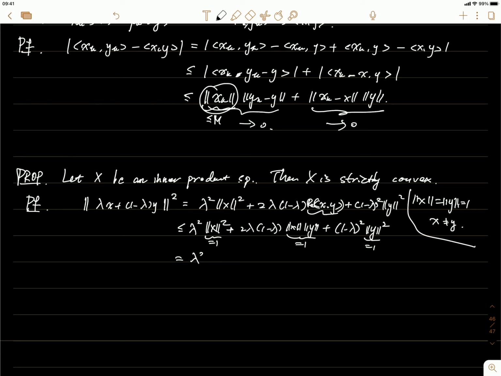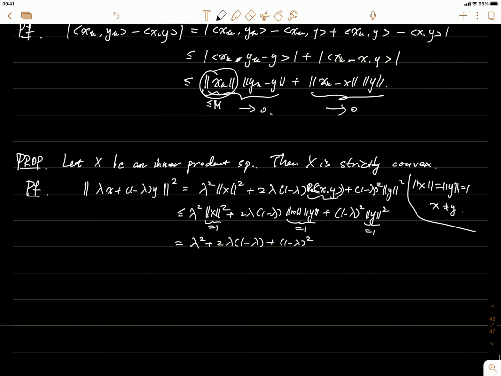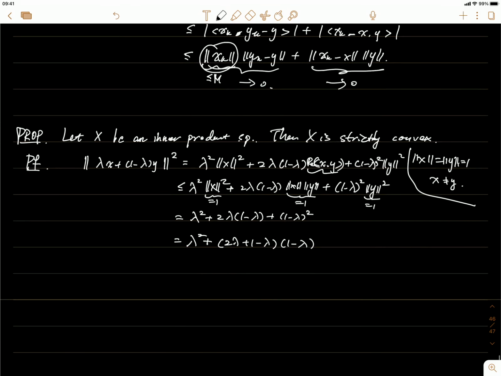It's just lambda square plus 2 lambda 1 minus lambda plus 1 minus lambda square. You can actually compute this. This is lambda square plus, say I combine the last two terms, 2 lambda plus 1 minus lambda, 1 minus lambda, extract the common terms. And this part I know is equal to 1 plus lambda. So the product of the last two parenthesis terms should be lambda 1 minus lambda squared, and that's just equal to 1.